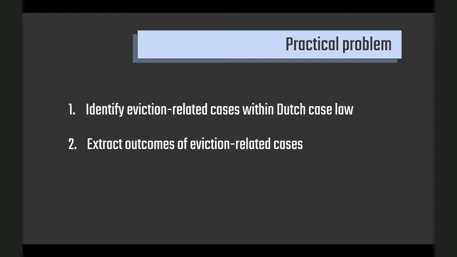So these tasks can be useful within themselves. You want to just collect the information to do any further research, but extracting outcomes of eviction-related cases can, for instance, be extremely useful to just have statistics on how many people get evicted.